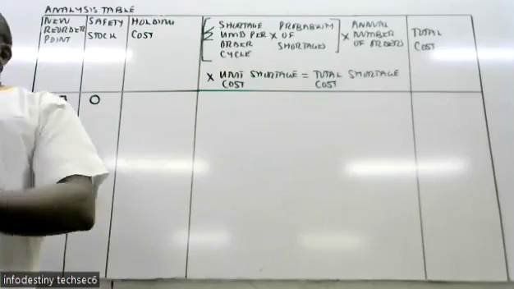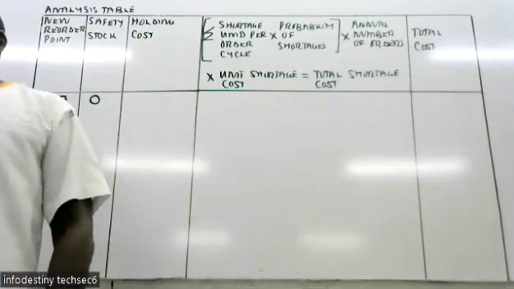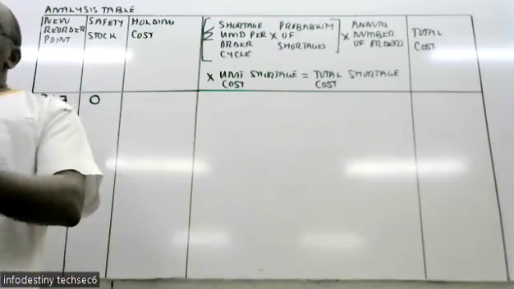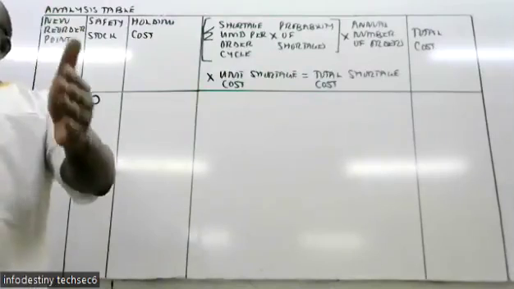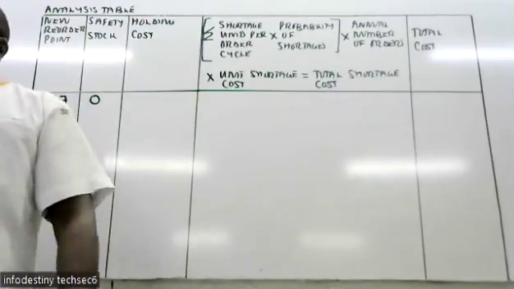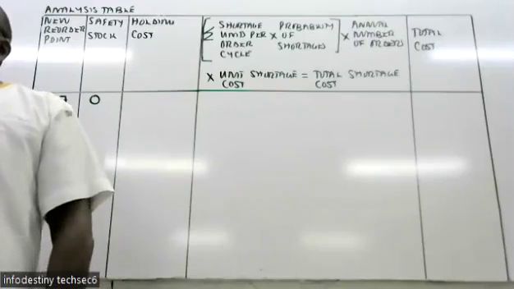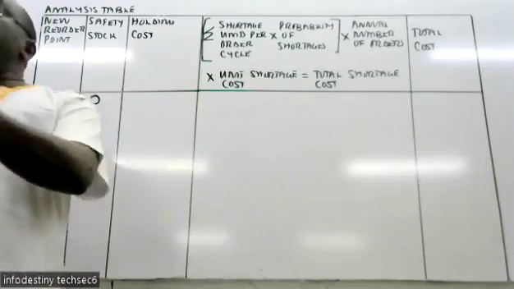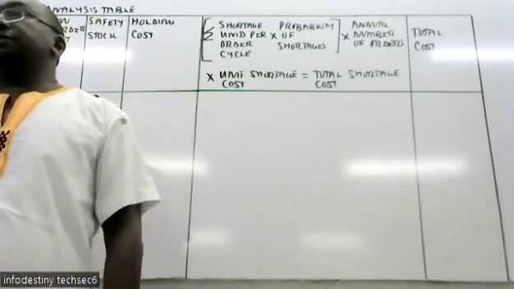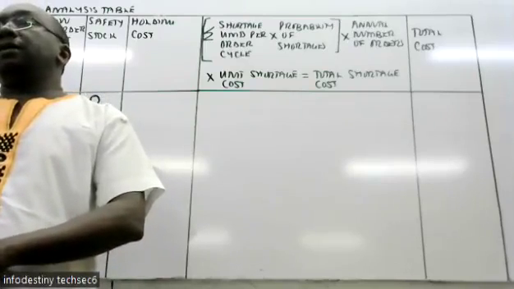Don't get it that you will be given EOQ all the time. But all the time when you are dealing with this question, you'll be looking for daily usage times daily time, if current order point is not given. Because if you take EOQ, whether another question does not have EOQ, it will deceive you.